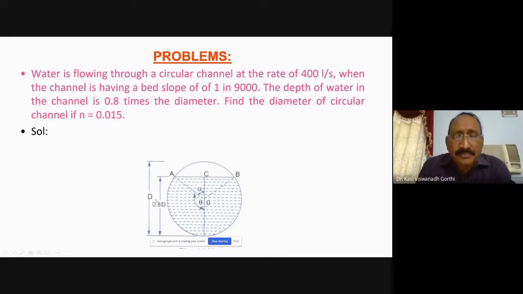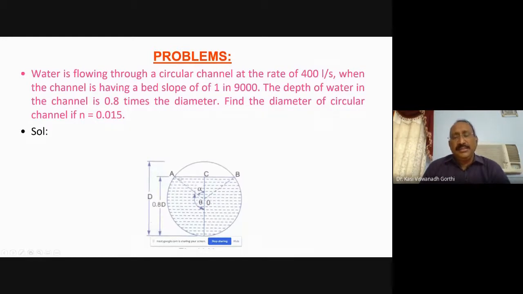The total is D, and this is 0.8 D, which gives that up to the center it is 0.5 D, and the remaining is of course 0.3 D. So OC is 0.3 D in this figure. And what is OA? OA is 0.5 D because it is the radius, half of the diameter.